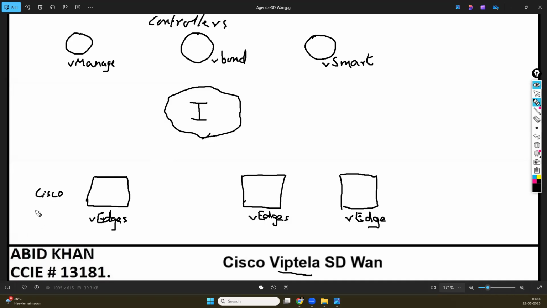Initially, Cisco used to call its routers cEdges. So v means Viptela router and c means Cisco router. Now, collectively, we call them WAN edges.